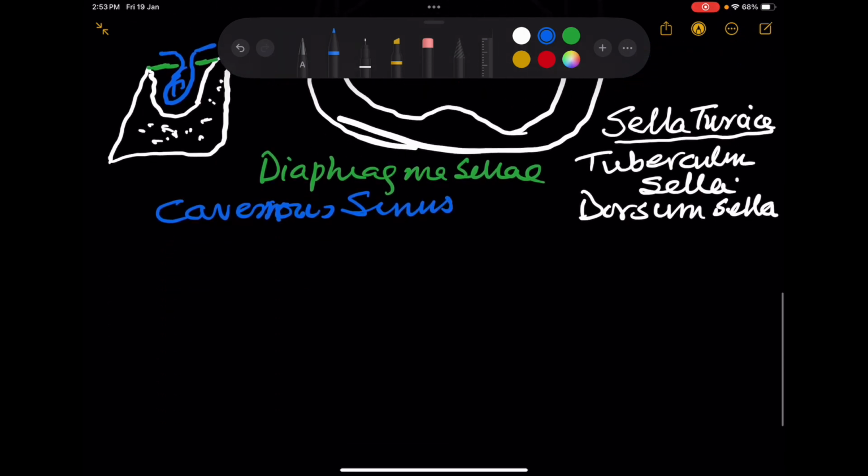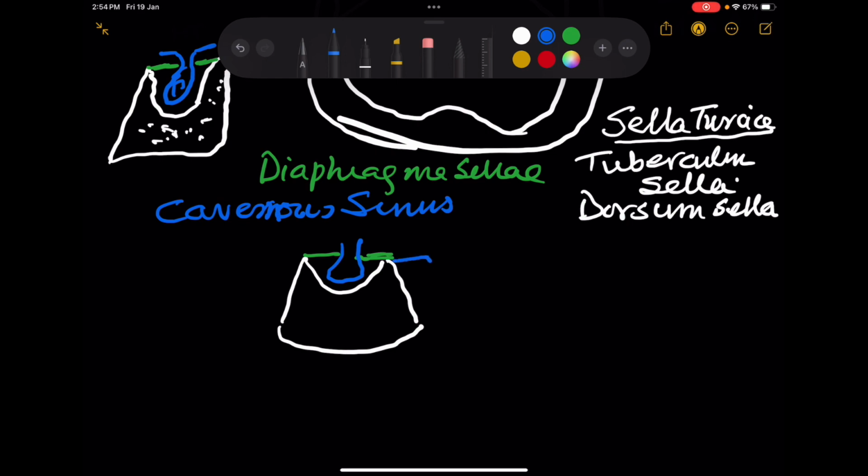If we want to see a section of the cavernous sinus, this is the sella turcica, and here is the sphenoidal sinus, and here is the diaphragma sellae, and here you see the pituitary like this, and on the side of the body of the sphenoid you see this cavernous sinus. Now, inside this cavernous sinus lies the internal carotid artery.